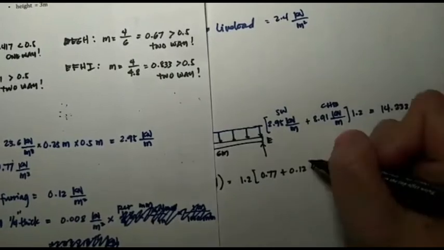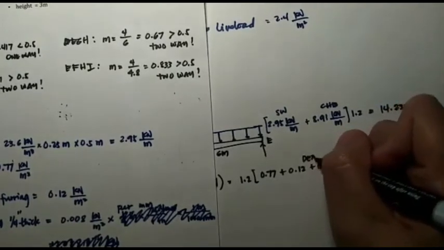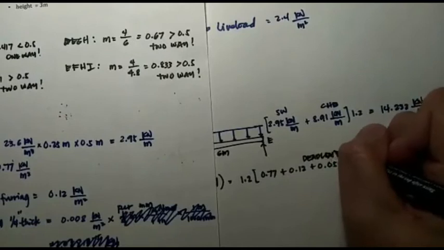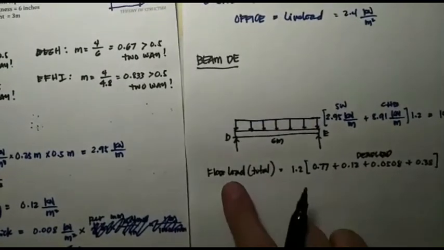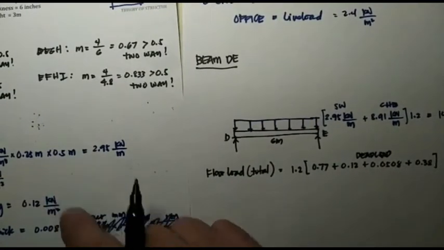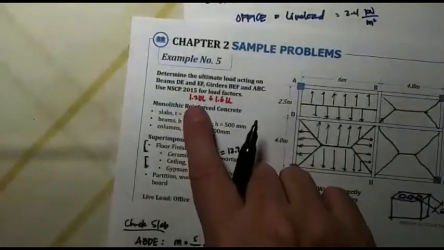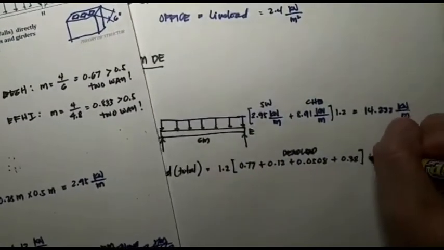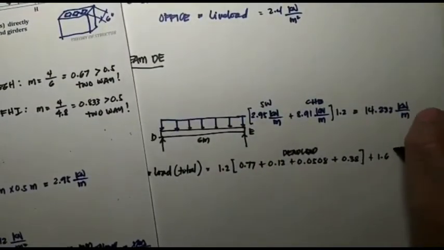So pinagsama-sama ko yan lahat ng dead load. These are dead load na lahat, floor load, lahat sila kilonewton per square meter. Tapos yung 1.2 is the load factor for dead load. Tapos plus 1.6 sa live load.